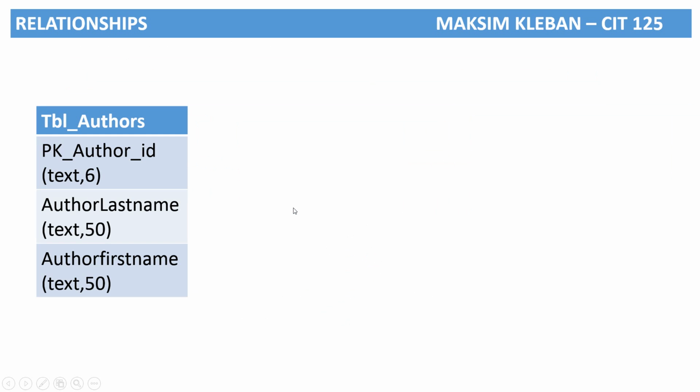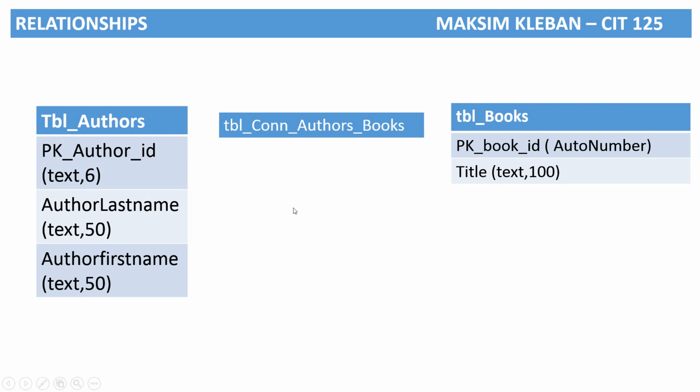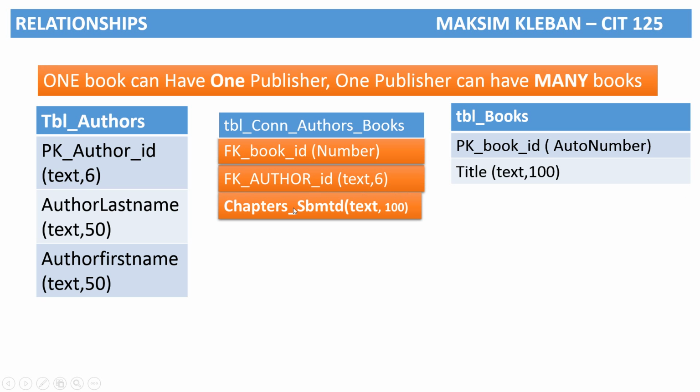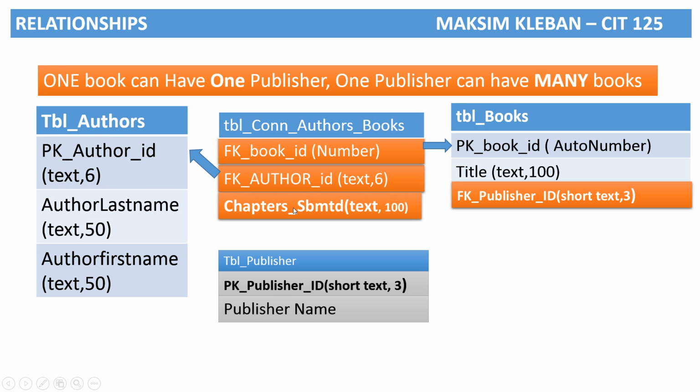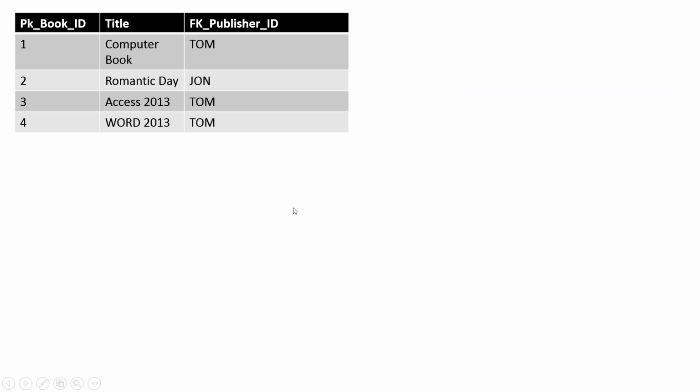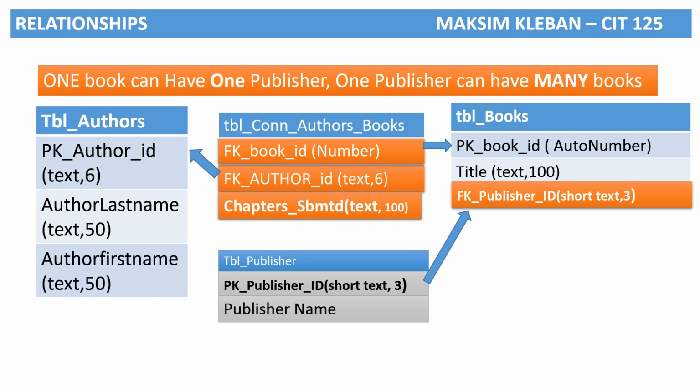Let's see how it looks with the data. So we have table authors, table books, and connection table, right? So here is what we have so far. We have table publisher connected to table books with a one-to-many relationship, and table authors connected to the connection table between authors and books, right?